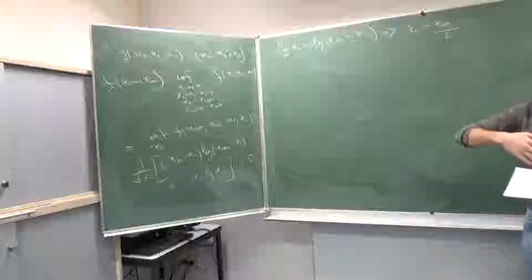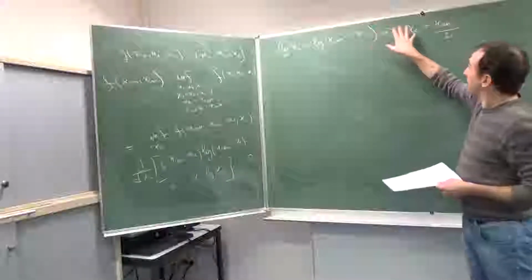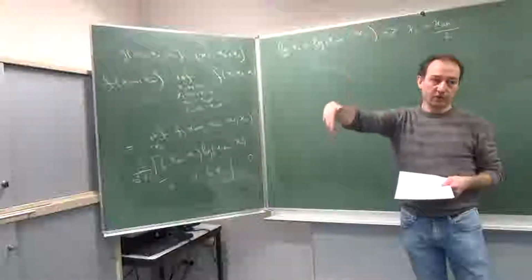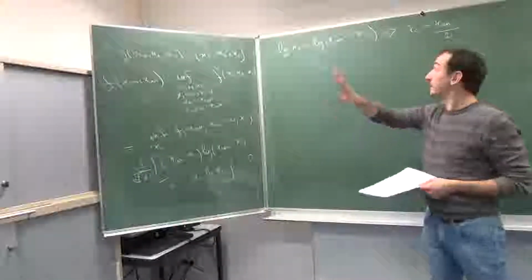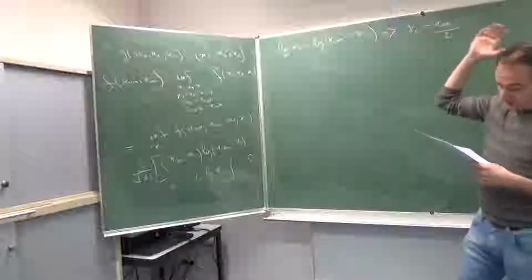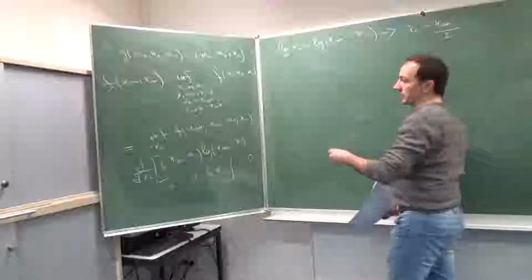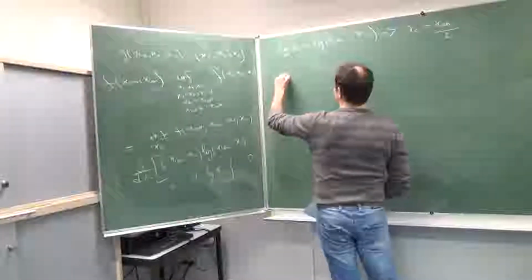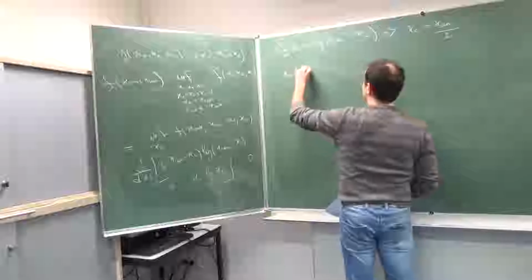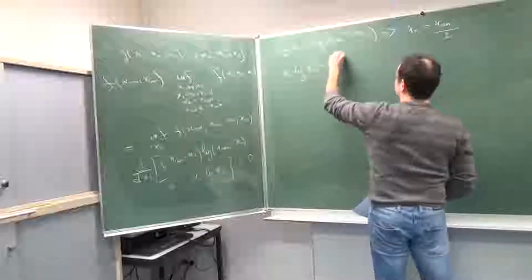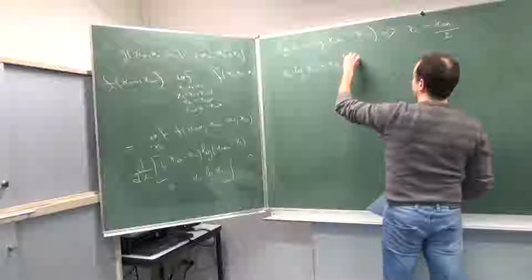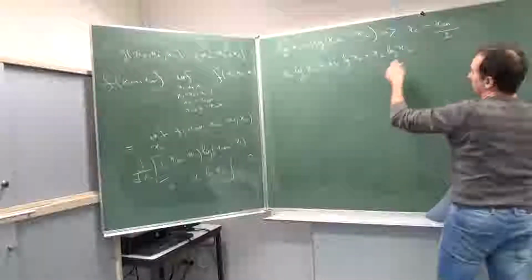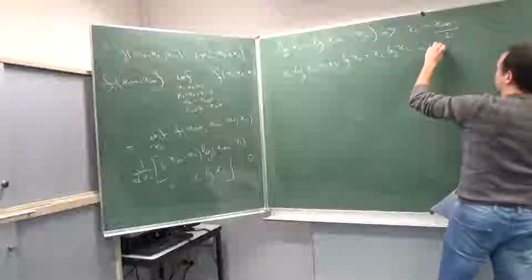The contraction principle, what it does, it finds the most probable value of the old variables given the new value of the constraints, which is the number of consonants. So now you plug into the original expression and you will obtain, so the original expression was XA log XA plus XB log XB plus XC log XC plus log 3, something like this.